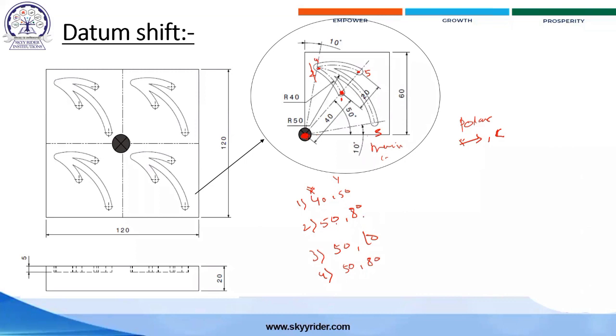These will be the same, and then the 5th one will be 60, because from here to here it is 10 mm, 60 and 50 degrees. Okay, got it, everyone?